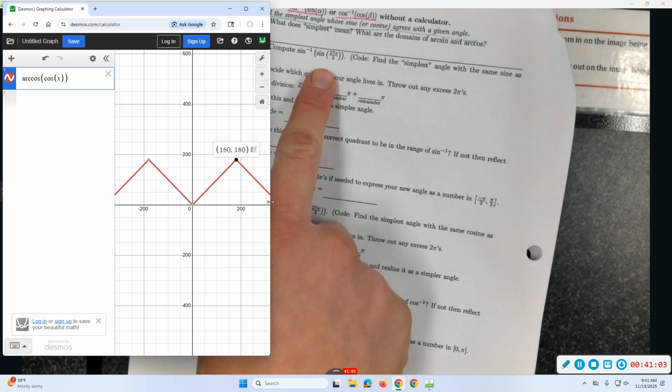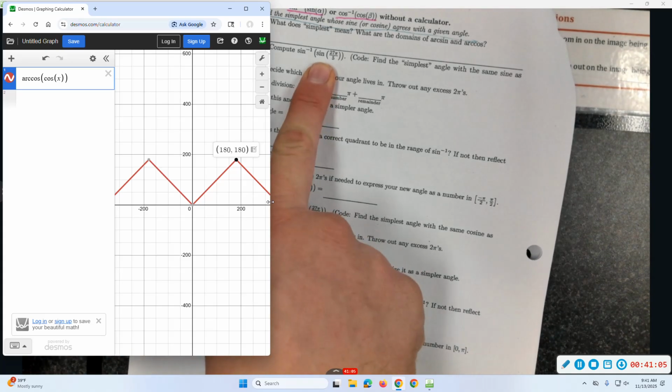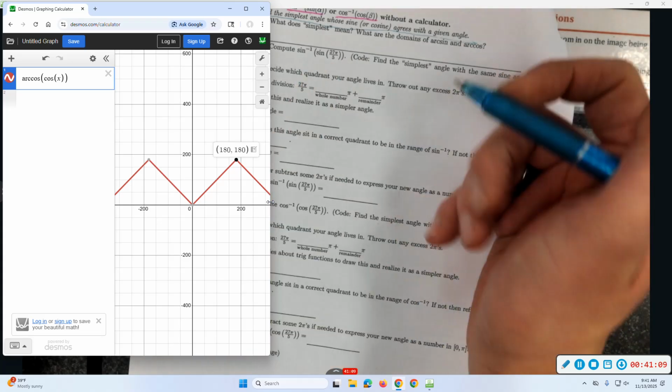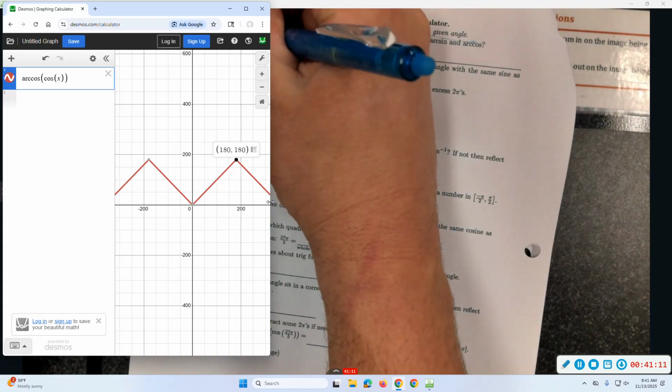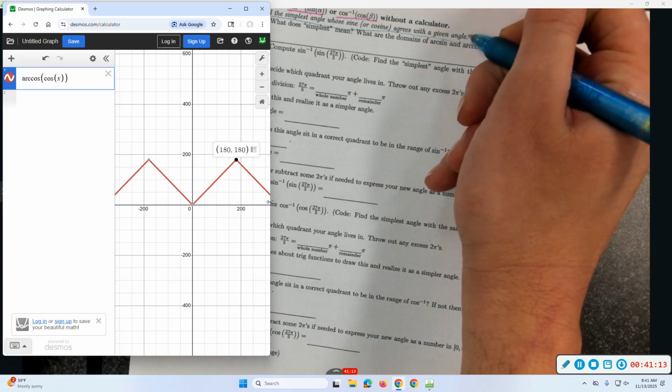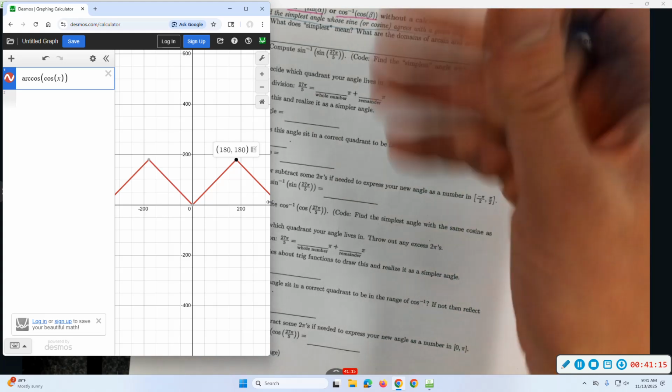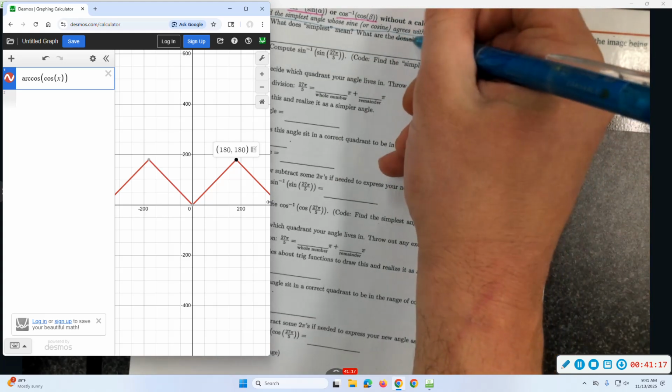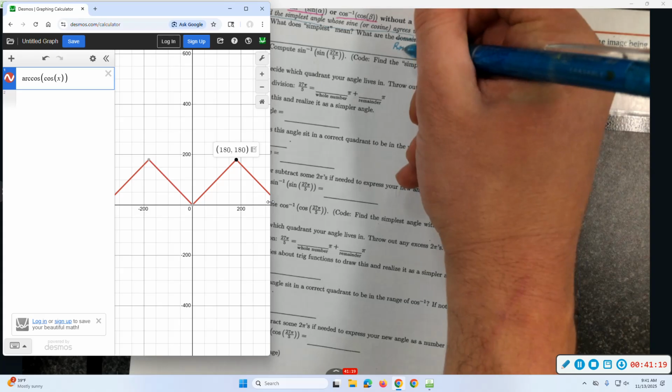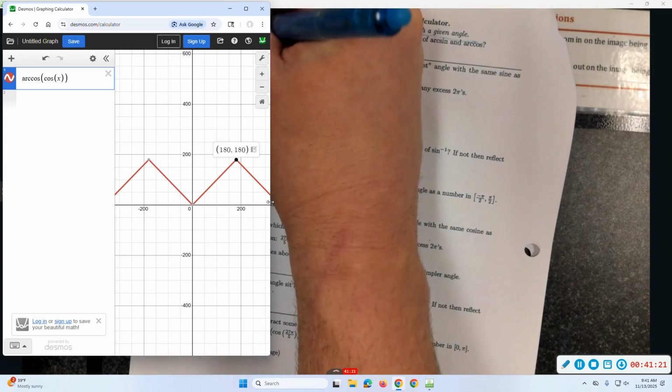Let's try to do it in practice. Let's remember what simplest means. What's the range of inverse sine? No, domain of inverse sine. No, I want the range, because this is an output value. This should say range. What's the range of inverse sine?